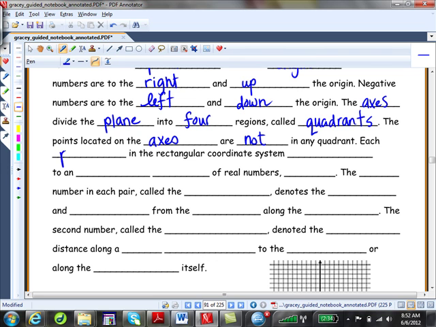Each point in the rectangular coordinate system corresponds to an ordered pair of real numbers, and they are often denoted by x, comma, y.